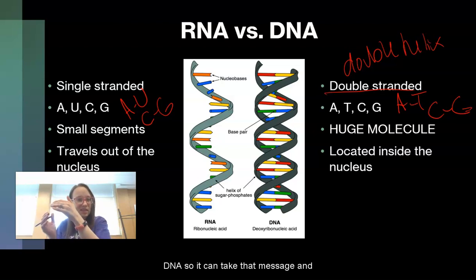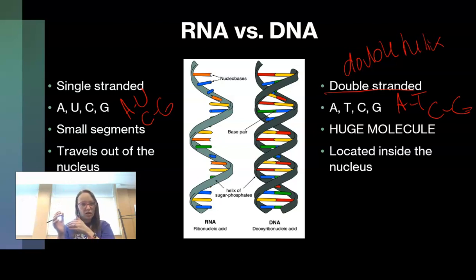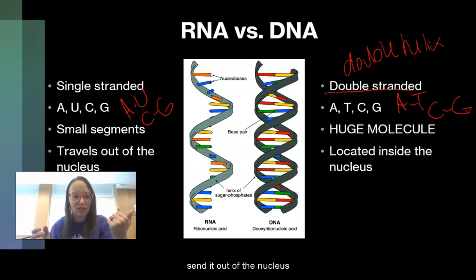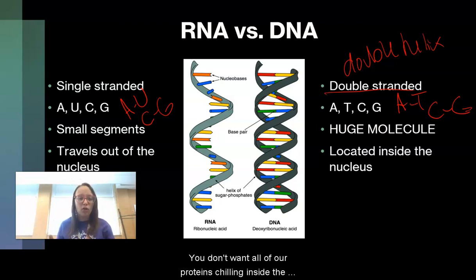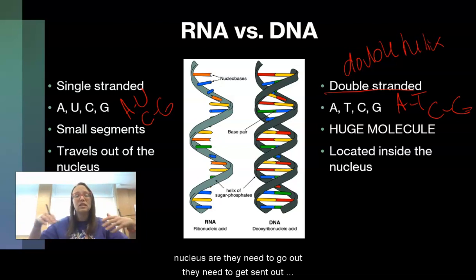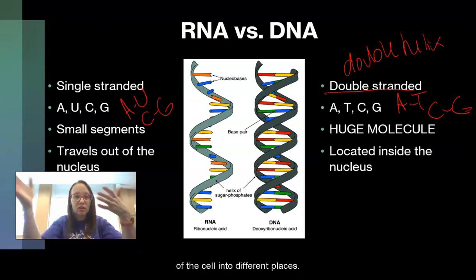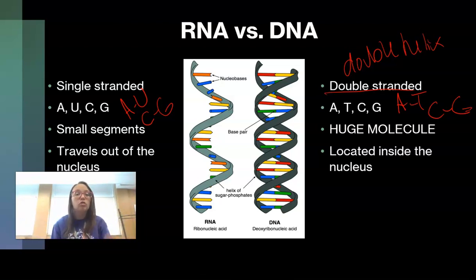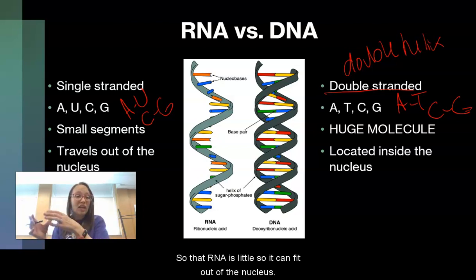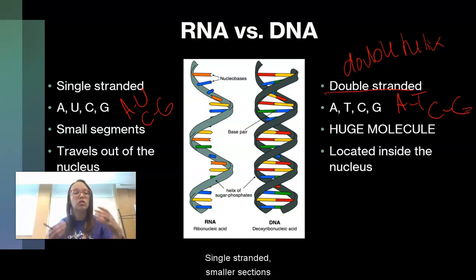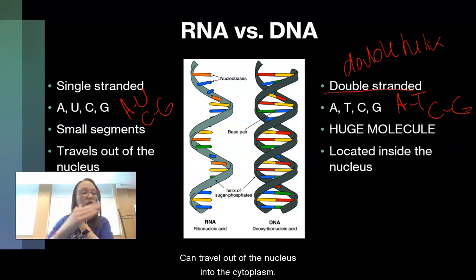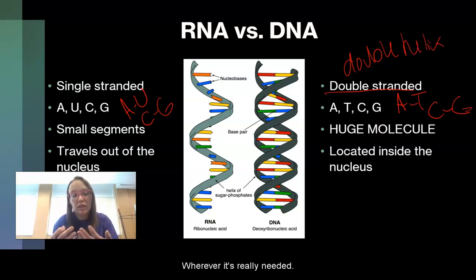So it can take that message and send it out of the nucleus, right? We don't want all of our proteins chilling inside the nucleus there. They need to go out. They need to get sent out of the cell in two different places. So that RNA is little, so it can fit out of the nucleus. Perfect. Single-stranded, smaller section, and it will travel out of the nucleus into the cytoplasm wherever it's really needed, depending on what it's doing.